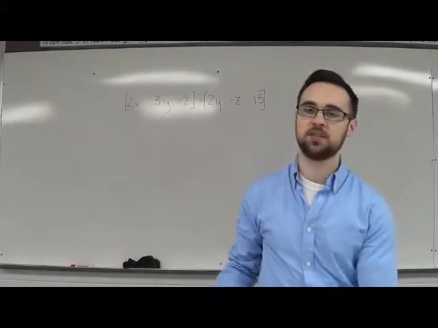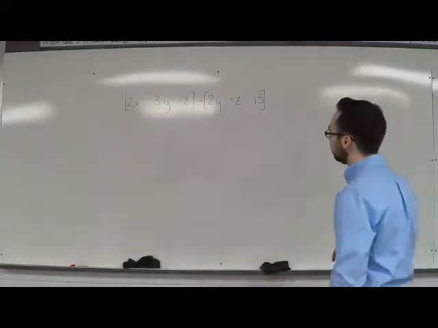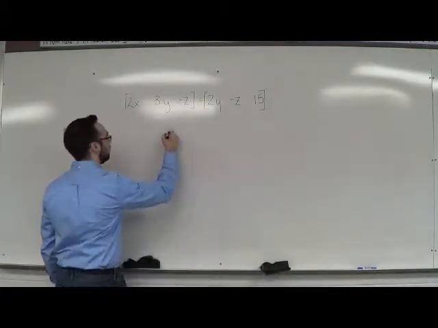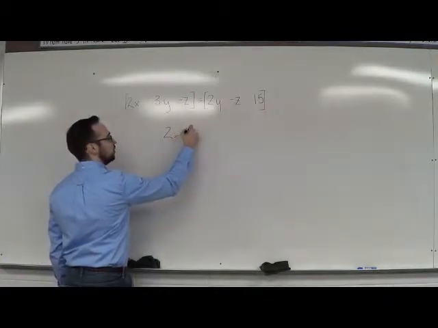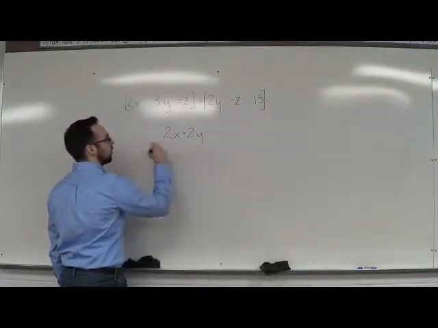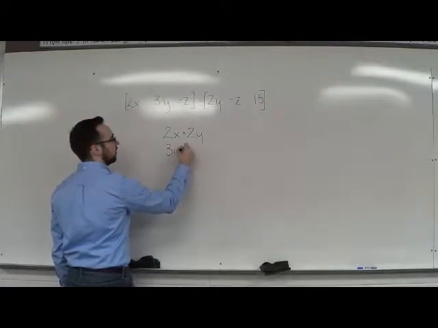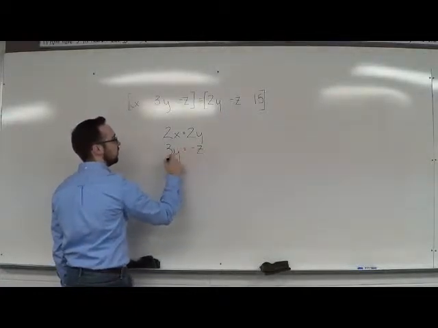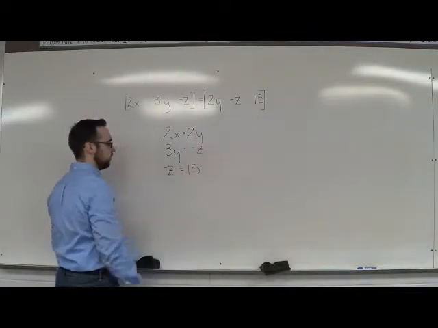So when I set up these equations here, we're going to have 2x is equal to 2y. We'll have 3y is equal to negative z. And then we'll have negative z is equal to 15.